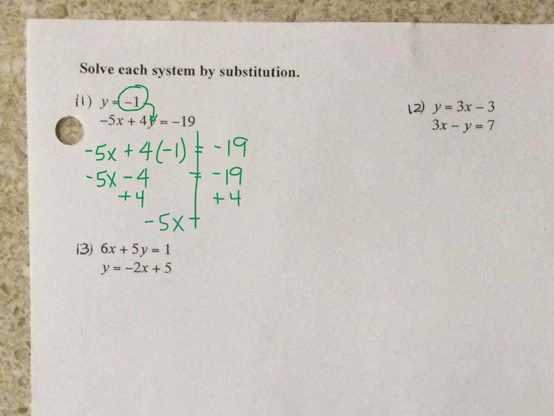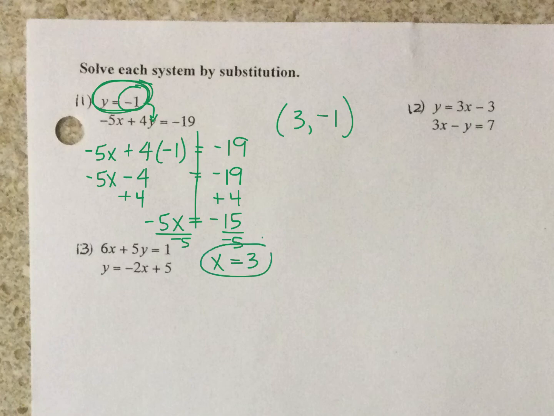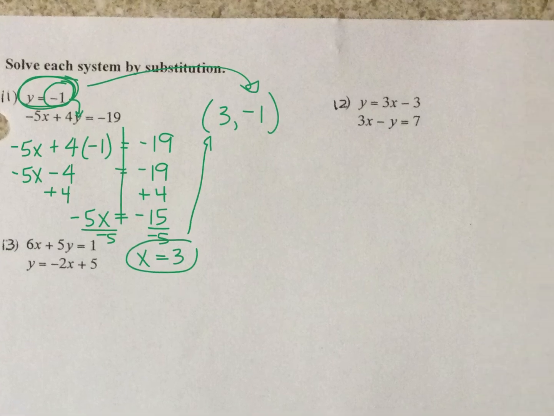Negative 5x equals negative 15. Divide by negative 5. I get x equals 3. Okay? Well, this one's easy because I told you the y is negative 1 and the x is a 3. So we just plug it in. All right, let's look at number 12.